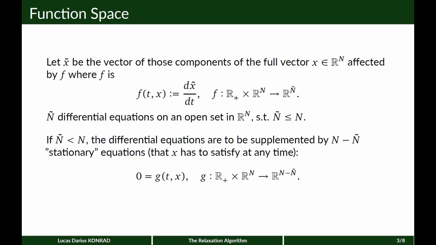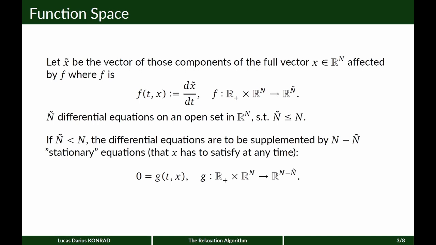And to formalize this idea, let's talk about the function space. So the function space is as follows. So we have a couple of variables. In our Ramsey-Cass-Koopmans case, this is capital and consumption. The more complex the models get, the larger the vector of variables.